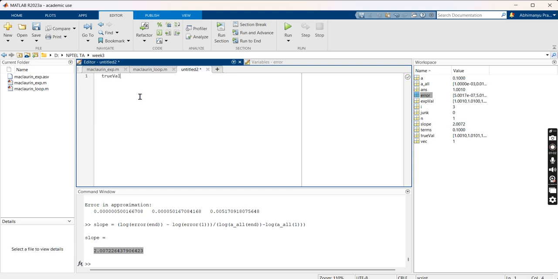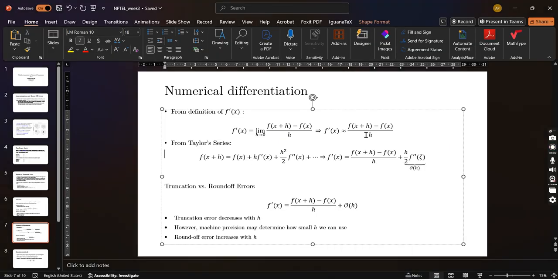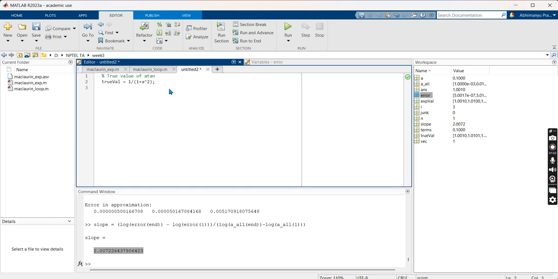My true value would be the derivative, and in this case my a would be whatever x value for which I am trying to approximate the tan inverse.